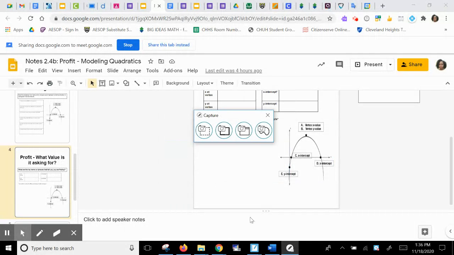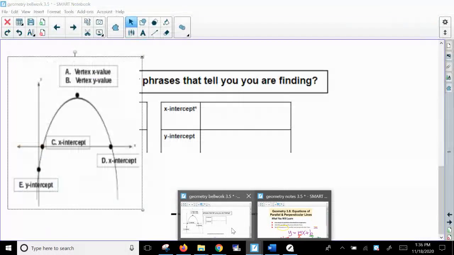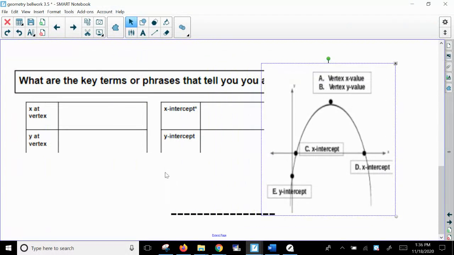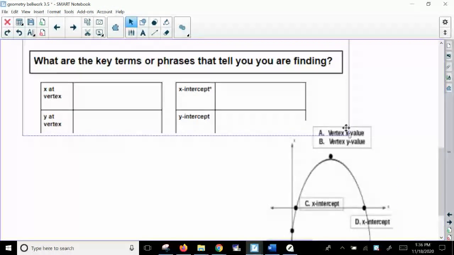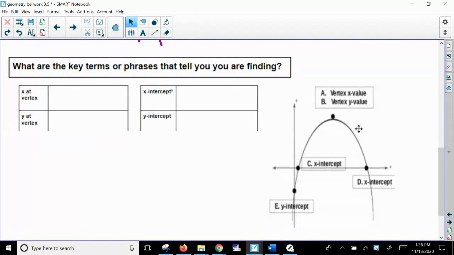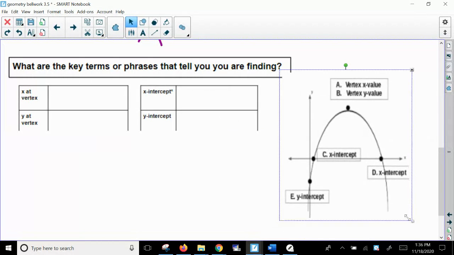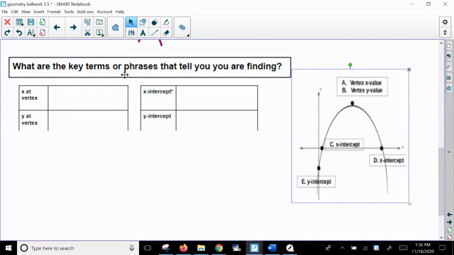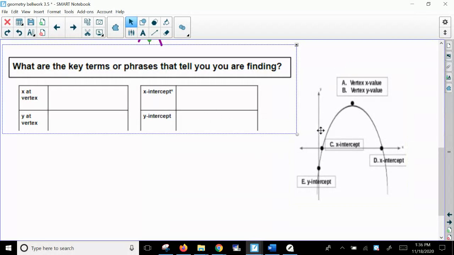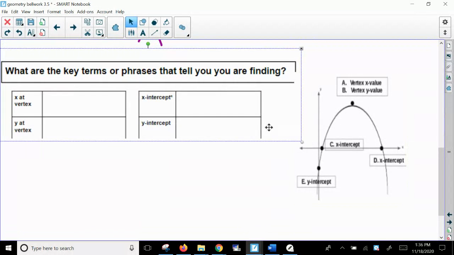Okay. Here we go. Go back to this screen. So, what are your keywords or terms that lets you know what you're finding? So, vertex.